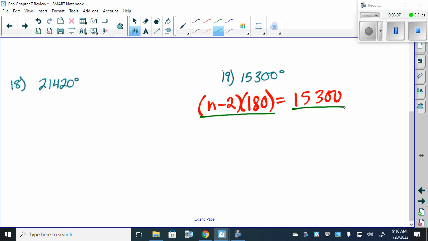So the first thing we need to do is divide both sides by 180. So we get n minus 2 is equal to 85.